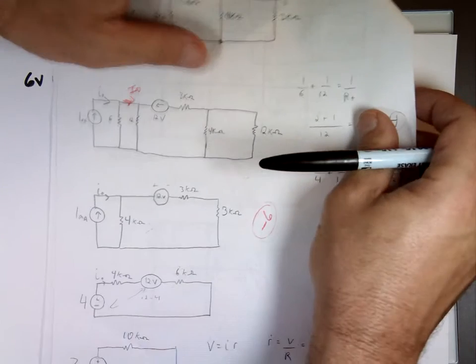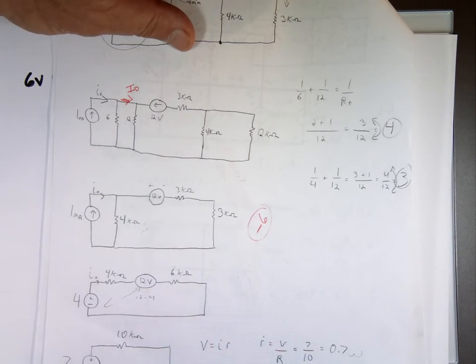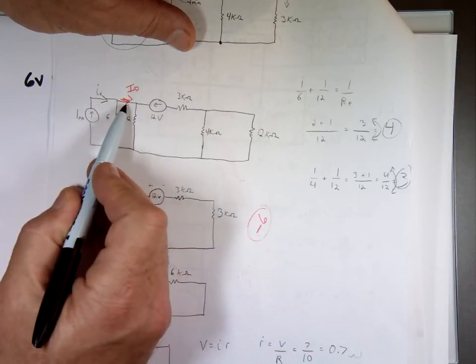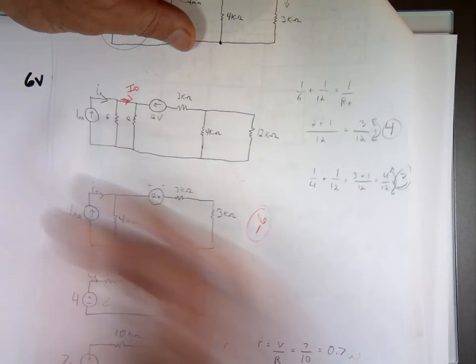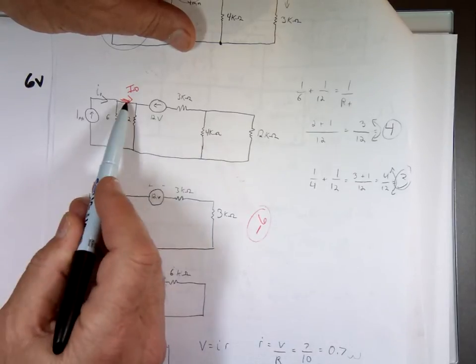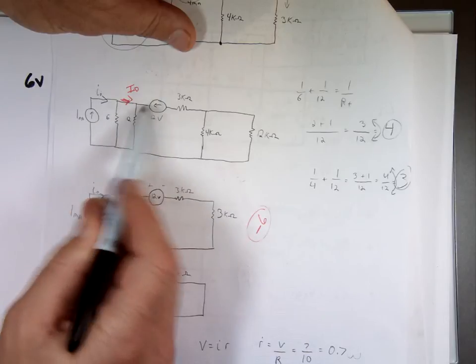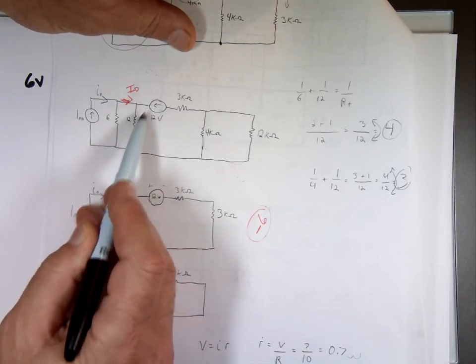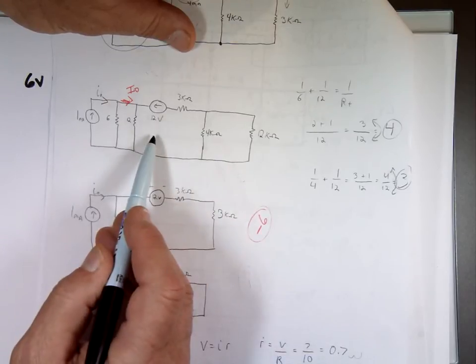When you do source transformation, I sub O is not this current, I sub O is that current. Because if it's this, it's 1 milliamp. But it's not. It's that current going to that 12 and the split there. So now you can't do current division either because you don't know what the rest of the circuit is.